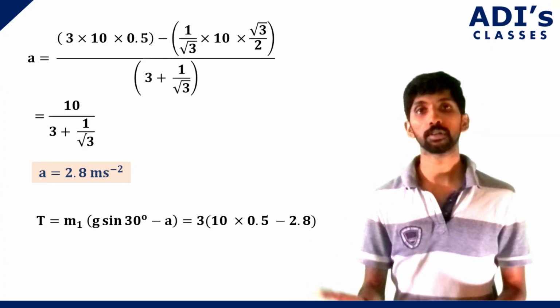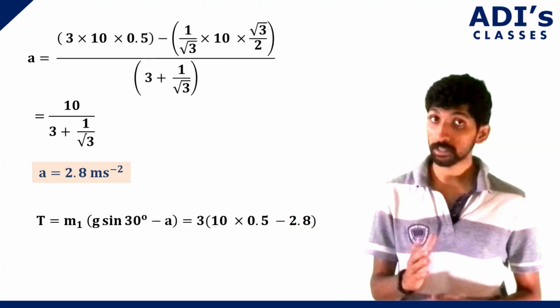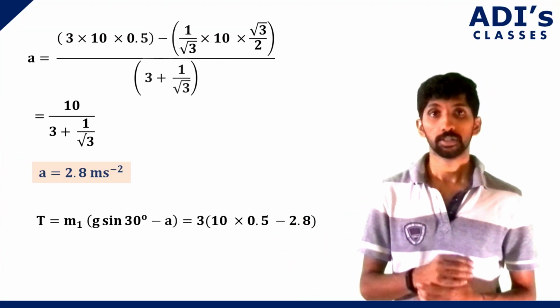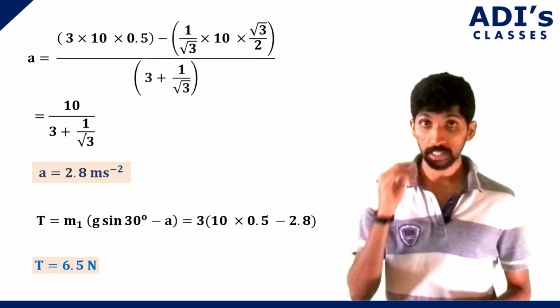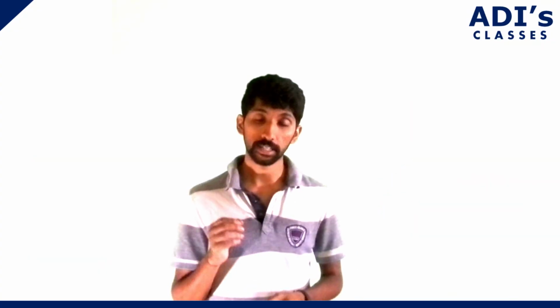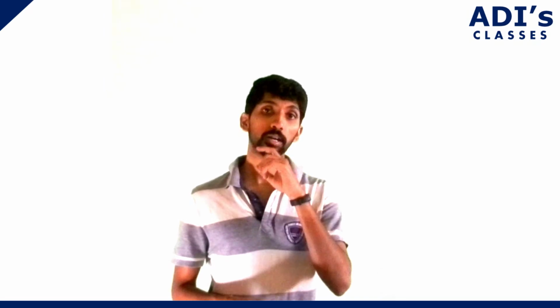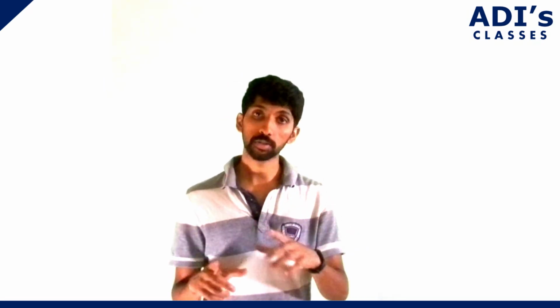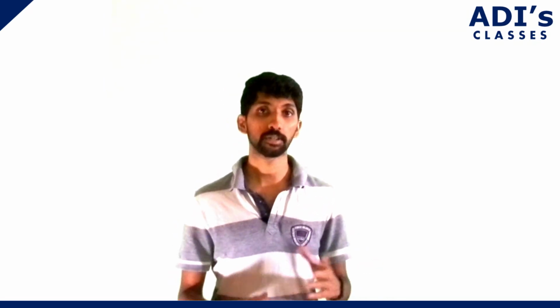Substituting the values, you get 3 into 10 into 0.5 minus 2.8, so you end up with 6.5 Newton. So the acceleration is 2.8 meter per second square and the tension is 6.5 Newton. Understood? Whenever you have an inclined plane, you do the problem something like this. Go through the problem again so that you understand it better.